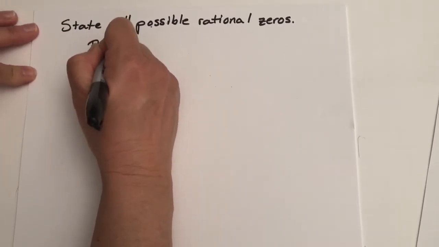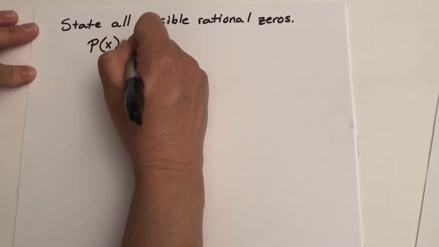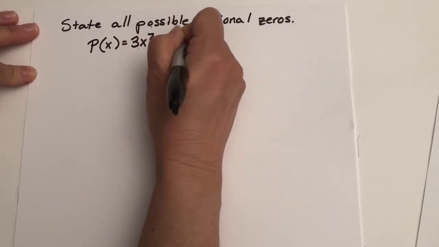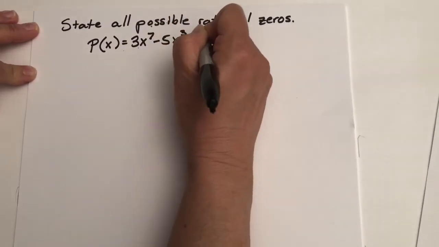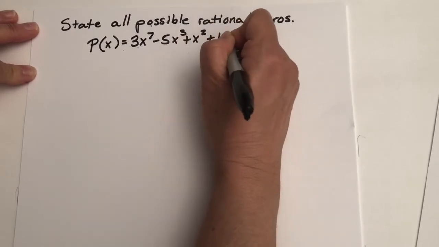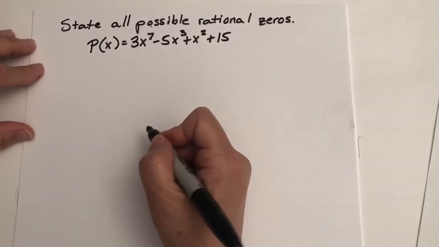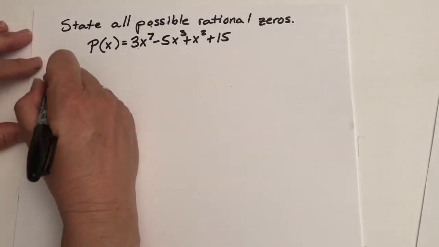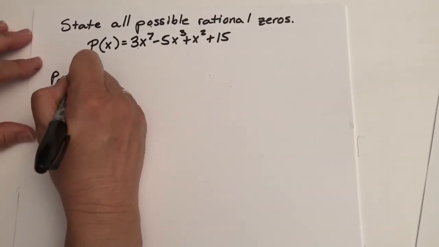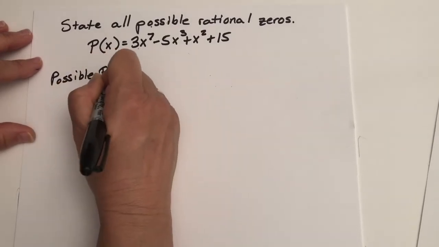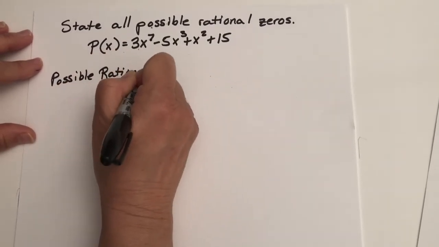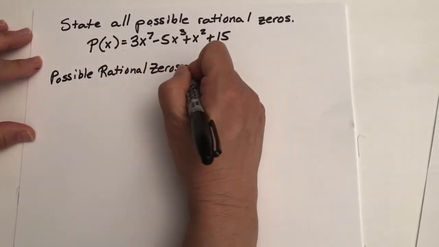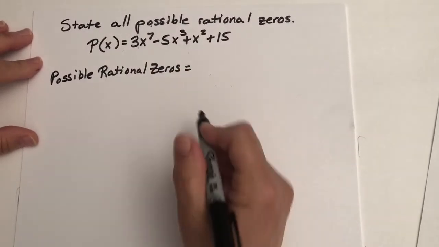We'll let p of x equal 3x to the 7th minus 5x cubed plus x squared plus 15. So based on our rational zeros theorem, the possible rational zeros need to be of this form.